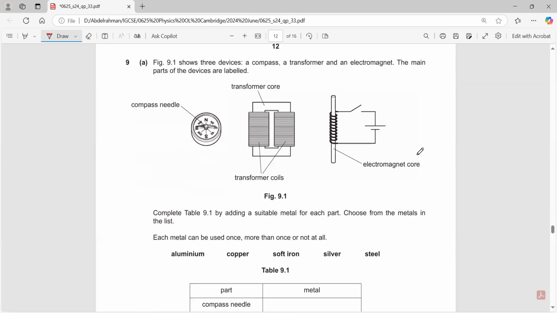Figure 9.1 shows three devices, a compass, a transformer, and an electromagnet. Power, yes, you have another equation for the power. If you have mechanical power, if someone is doing some work or lifting objects, you can find the power of this man. So it would be work done over time.